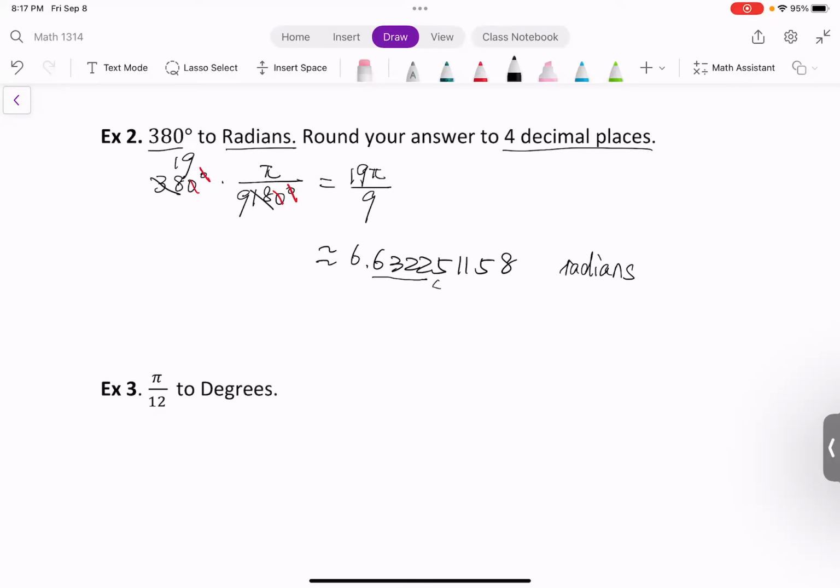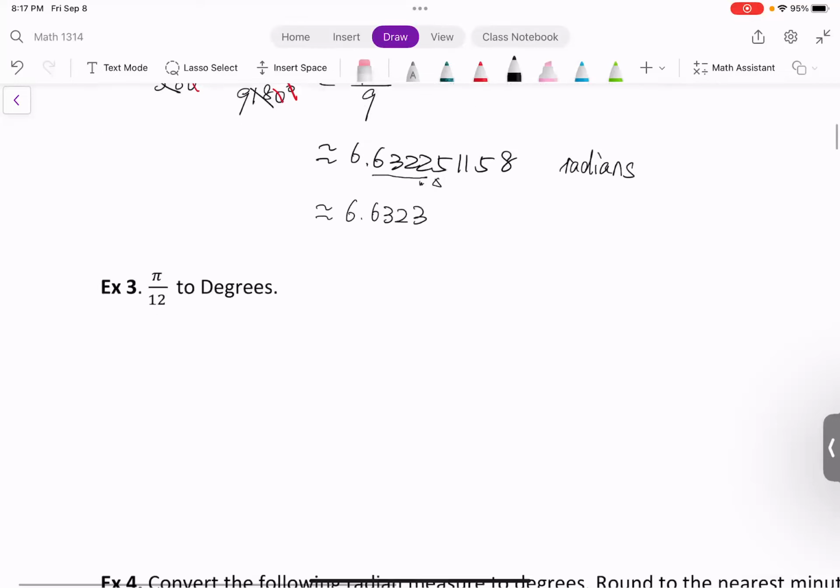The fifth digit is 5, so I need to add 1 at the 2 part. So my solution is 6.6323. All right, let's see the next example.